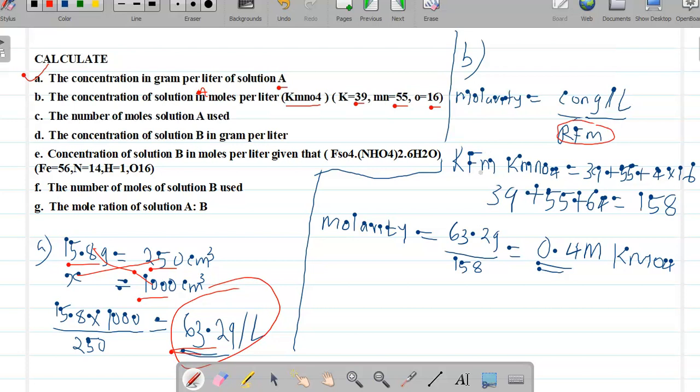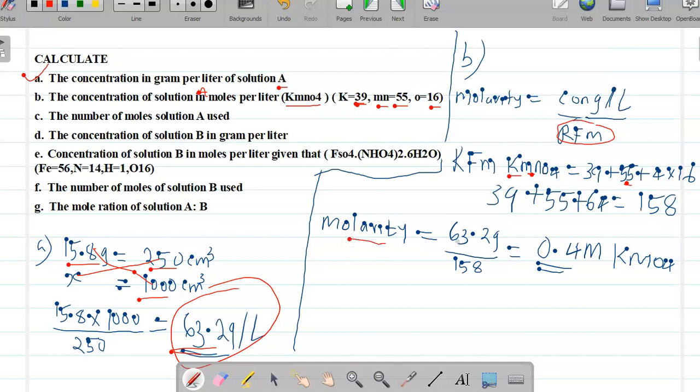To get the RFM, you use the compound potassium manganate(VII). Potassium K is 39. Mn, which is manganese, is 55. Then oxygen O is 16, and we have 4 oxygen here: 4 times 16 is 64. So 39 plus 55 plus 64 gives you 158.